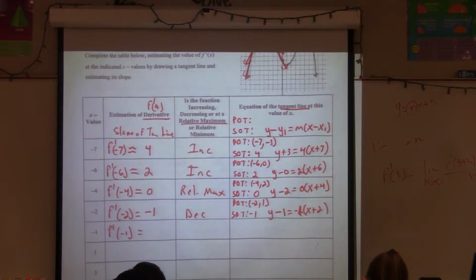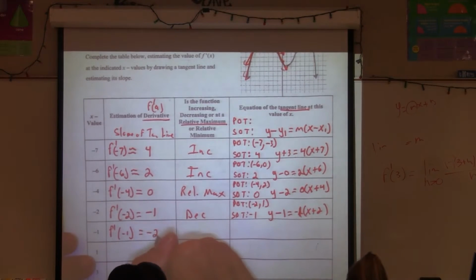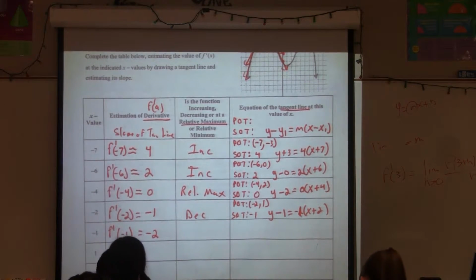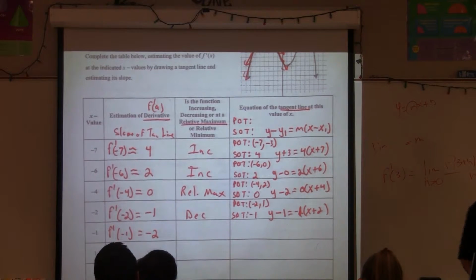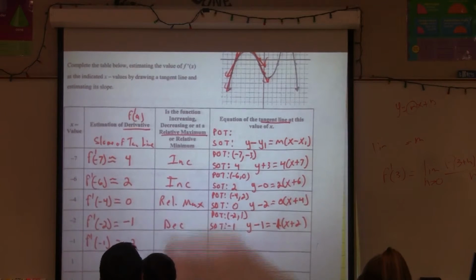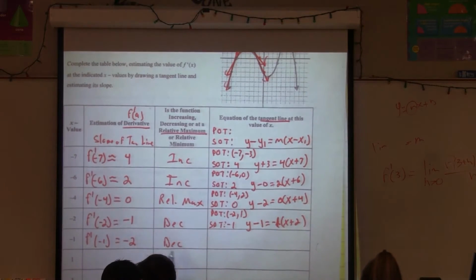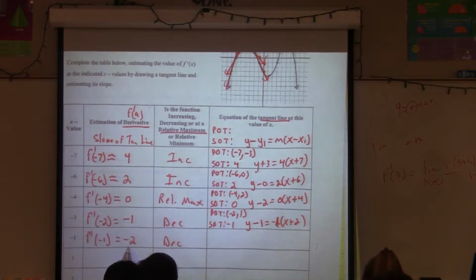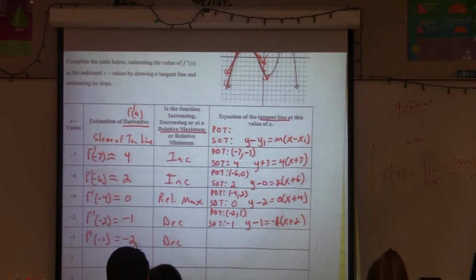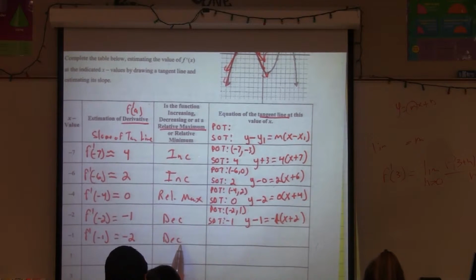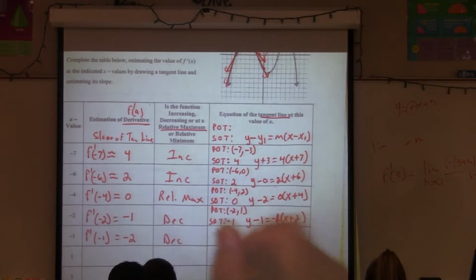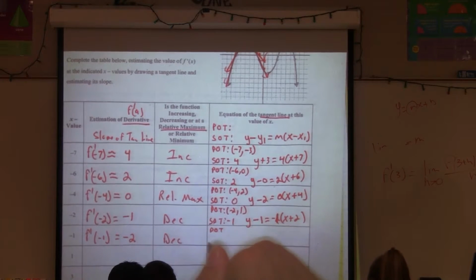Better than others, right? So here we can say we're going to estimate negative 2. And what's happening? Is the function increasing or decreasing? Decreasing. Again, how can we tell? Just by looking at the derivative? It's what? It's negative. So you see a negative derivative, I know that the original function better be decreasing. Okay, it has to be going down. Alright. What's my point? My slope.